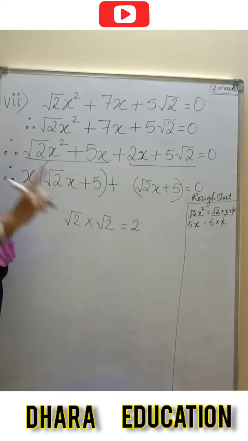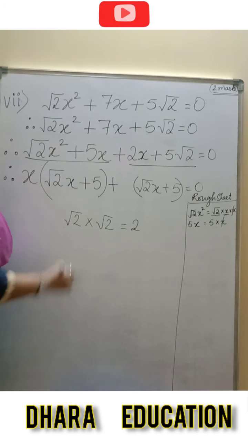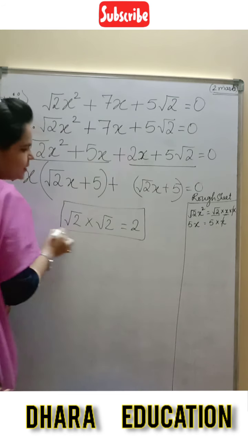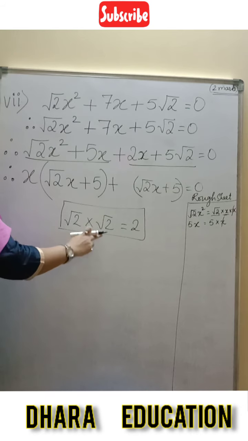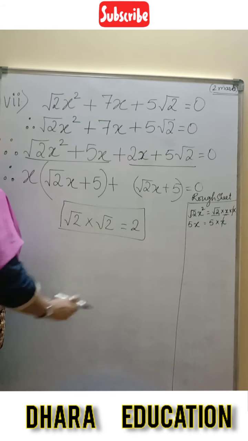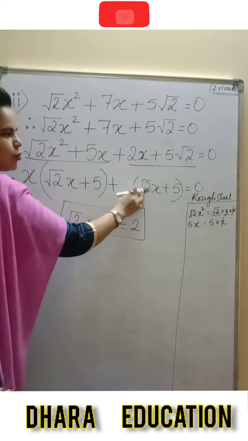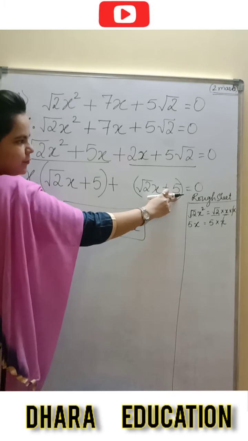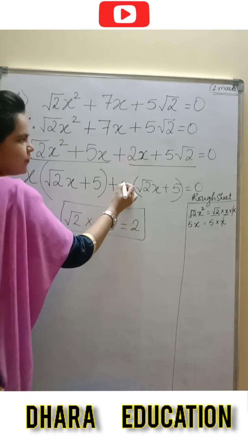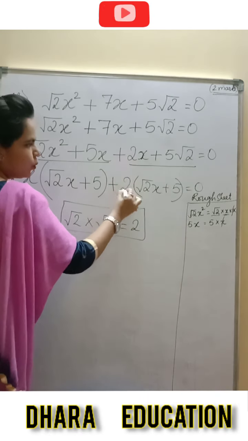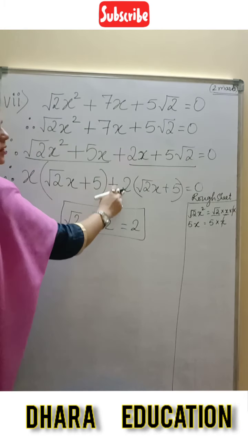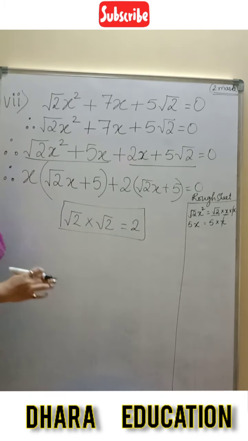I told you to calculate this in the calculator if you are getting confused. So you need to understand this. Root 2 multiplied by root 2 gives you 2. Here it is already written root 2x plus 5. So if I write 2 here, it is going to fulfill all the conditions.